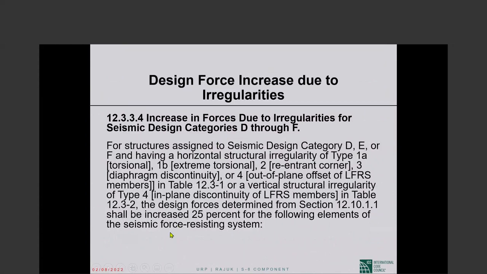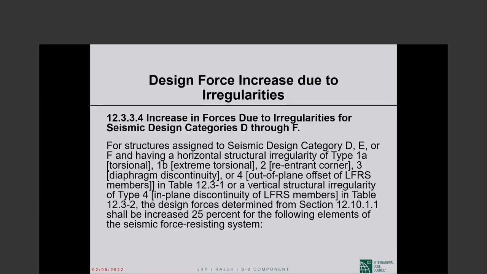For structures assigned to seismic design category D through F and having a horizontal structural irregularity 1A, 1B, 2, re-entrant corner, 3, diaphragm discontinuity, 4, out of plane offset, or vertical type force. So many times this section will be invoked.